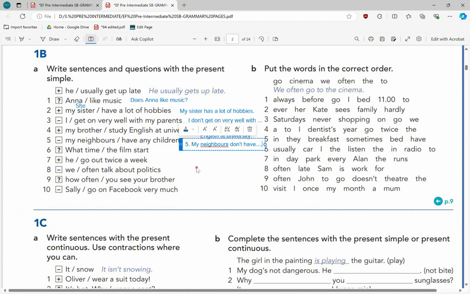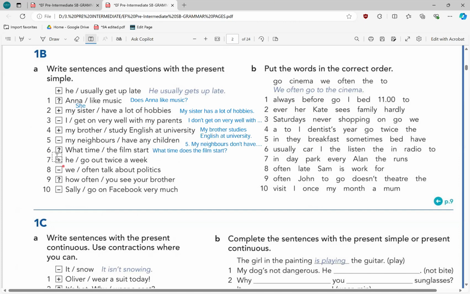My neighbors don't have any children, right? Number 6 is a question. What time does the film start? So the film is the subject here. The film is it, singular. That means we're going to use does. The question word always goes first. So what time does the film start? That's it.